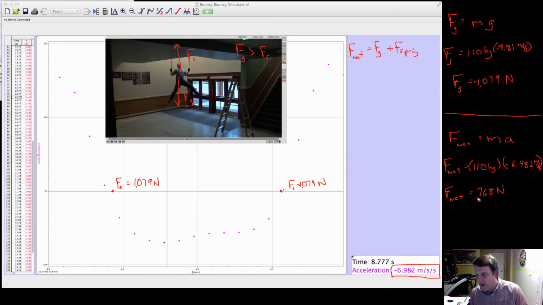And because the acceleration is negative, this is also negative. So that tells us our net force is downward, which is not surprising because our acceleration is downward, right? So our F sub g has to be bigger than the F of the spring.